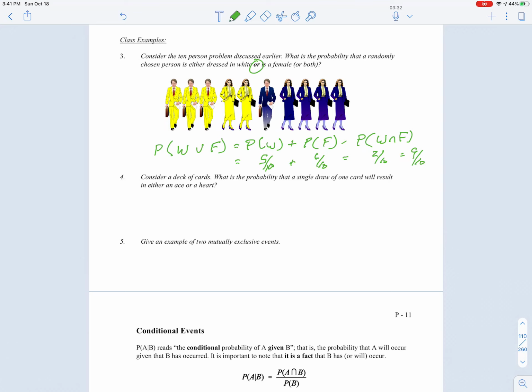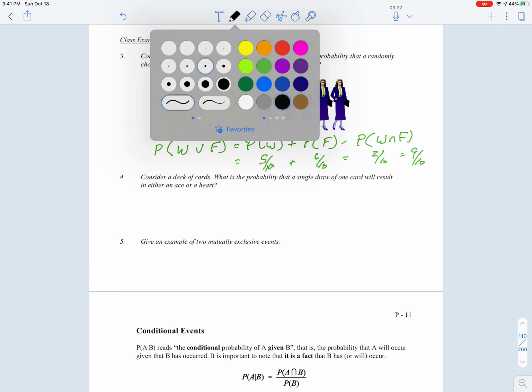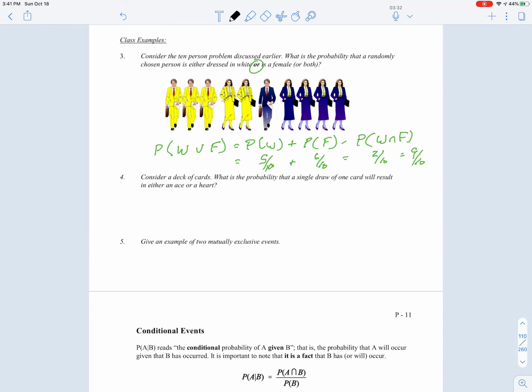Let's take a look at a deck of cards. What's the probability that a single draw of one card will result in either an ace or a heart? If you're not familiar with cards, let's actually draw these out here, what they look like. There are 4 suits.